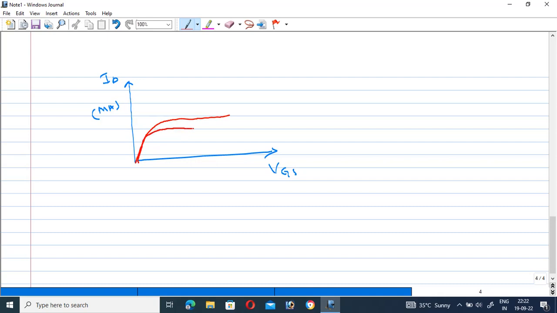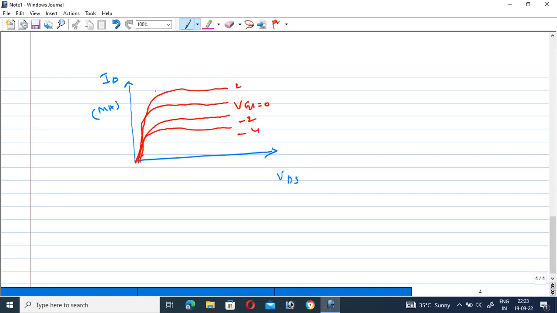Here also the same thing. So this is the characteristic of the corresponding graph. Here when VGS is equal to 0, and VGS becomes more negative, -1, -4, and so on. This is VDS, drain to source voltage.